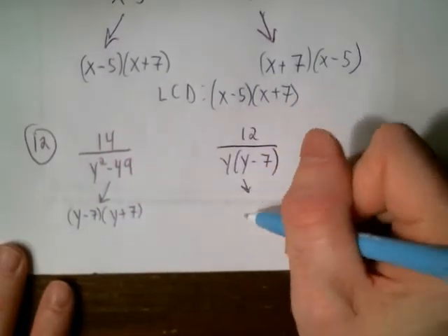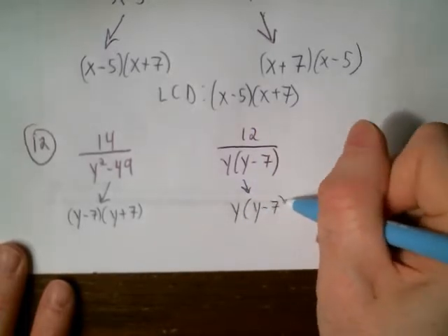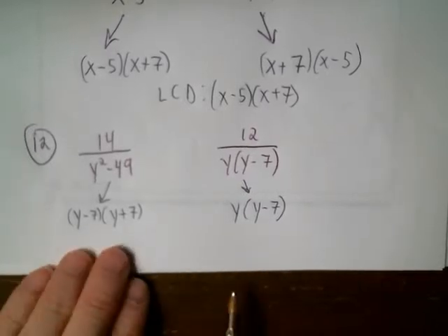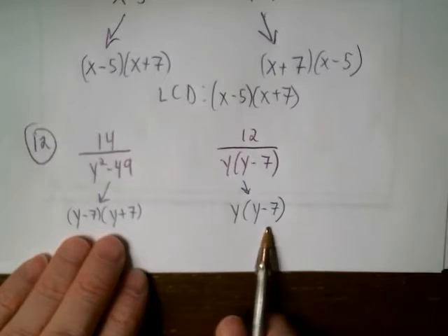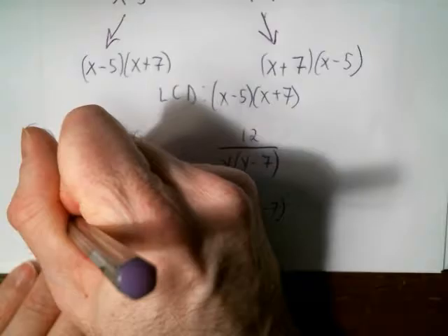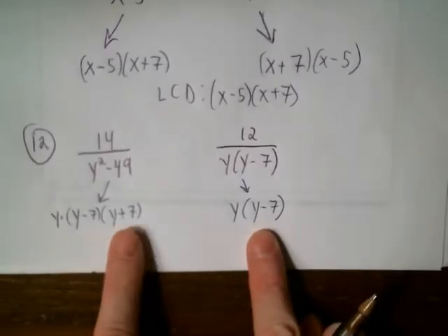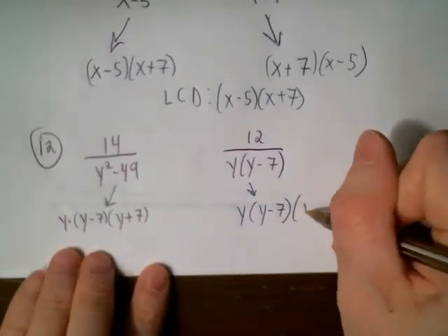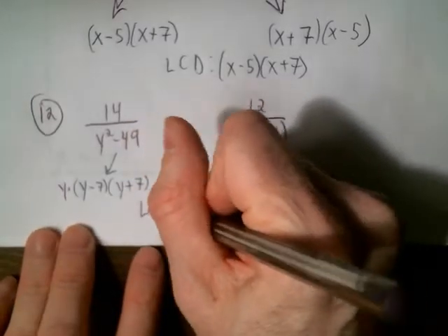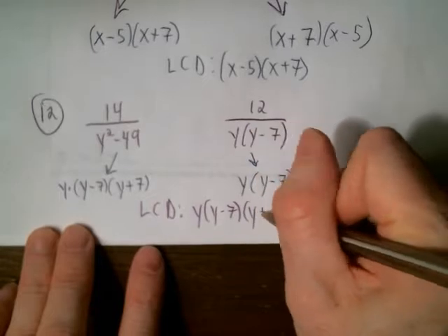And this one is already factored for us, so it's y times y minus 7. Then I play the matching game. What is this one missing that this one has? It's missing a factor of y, so I tack on a y here. And what is this one missing? It's missing y plus 7, so tack on a y plus 7. So my LCD is y times y minus 7 times y plus 7.